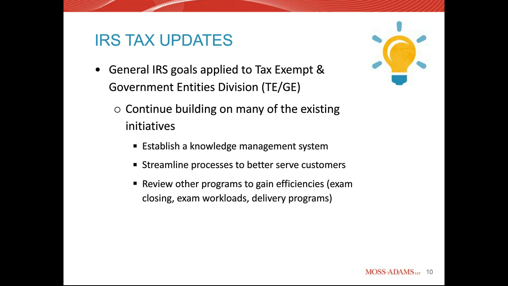So they want to capture, hey, how are you doing things? What kind of tricks do you know? How can we put this into buckets to help train our other people? They want to serve customers better, and this is what Congress is mandating as well. And I have some examples on the next slide.